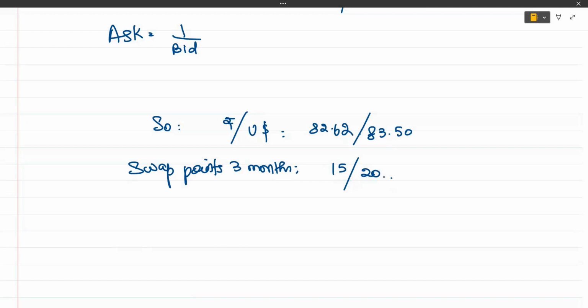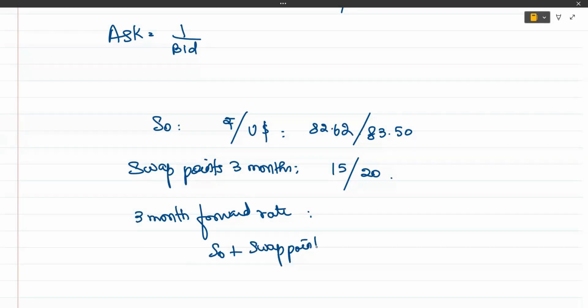Here, the swap points are in ascending order. So, the 3-month forward rate will be calculated as spot plus swap points.